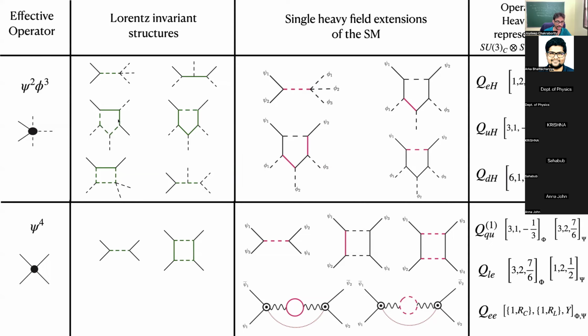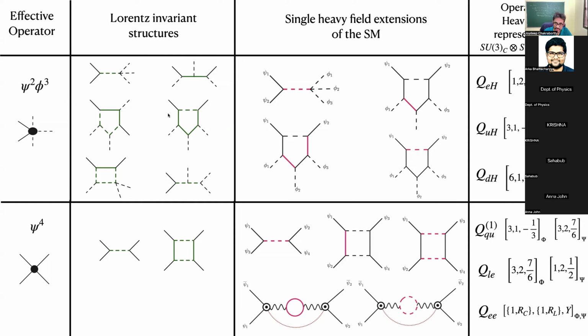So we should then use the additional gauge symmetry that we have, SU(3) color, to further rule out some of these diagrams, right? I know the topology that's there. If you only use Lorentz invariance, then let's say there are 6 diagrams.